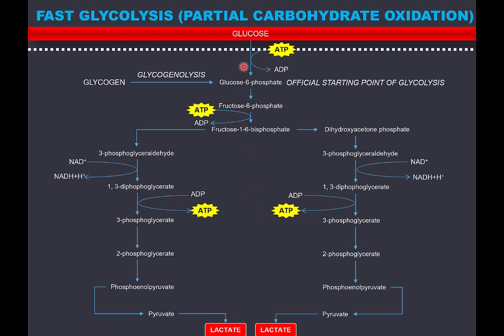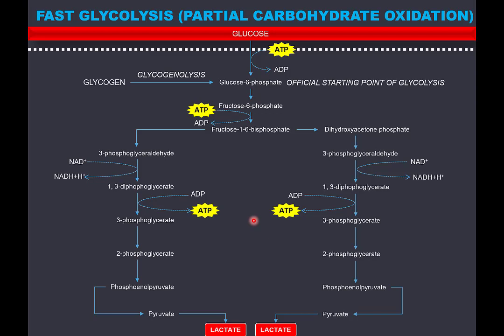Well, starting with glucose, you have 0 net ATP since 2 ATPs were expended up here. If the glucose 6-phosphate was derived from glycogen, however, then it would be 1 net ATP at this point. Minus 1 ATP here plus 2 ATP here equals 1 net ATP. So at this point, it's 0 to 1 net ATP yield.